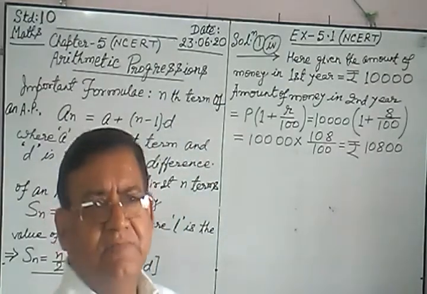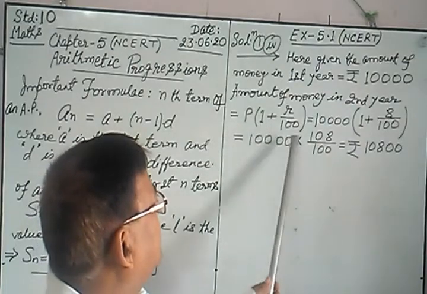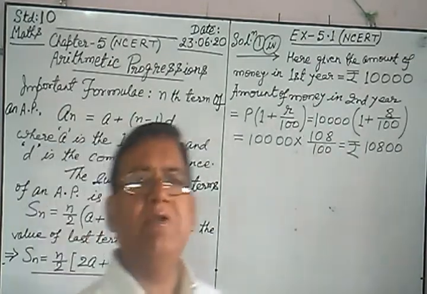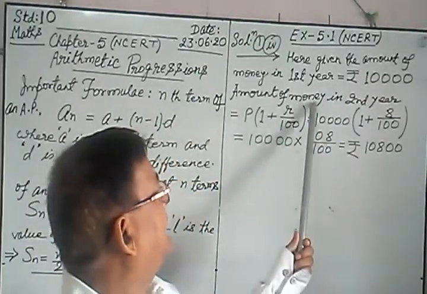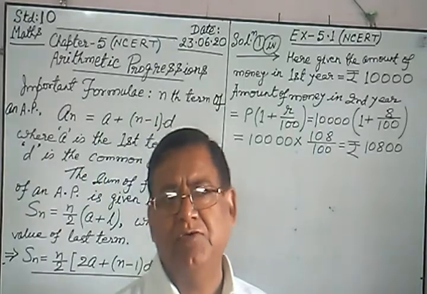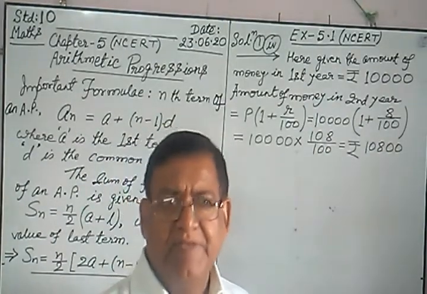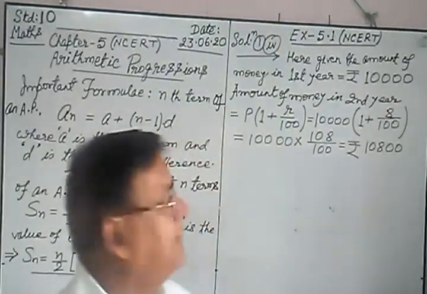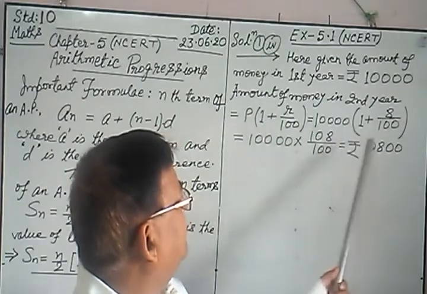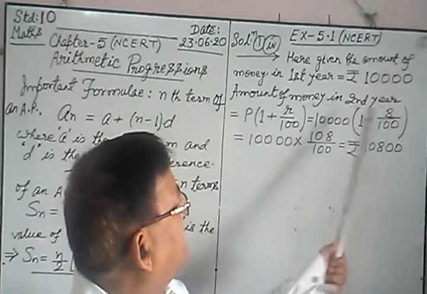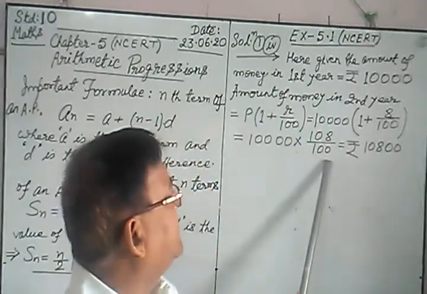how much will the amount be? The formula is P into (1 plus R by 100) to the power n. For 1 year, n equals 1, but I have not written it because it is understood. Taking the LCM, 100 plus 8, the numerator is 108 and the denominator is 100.